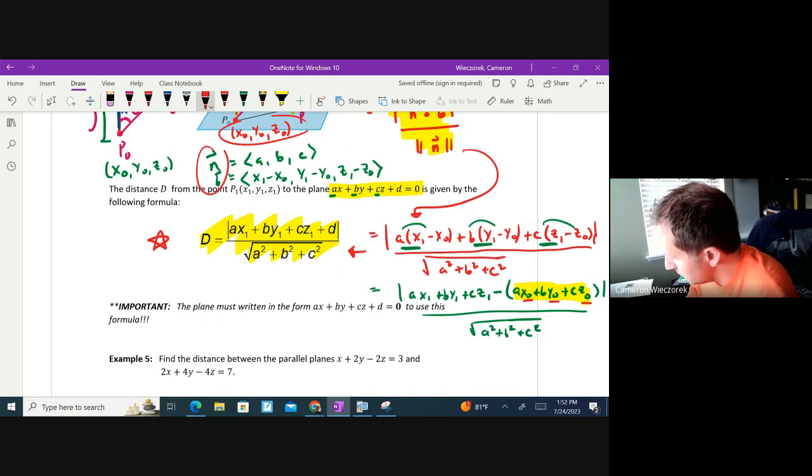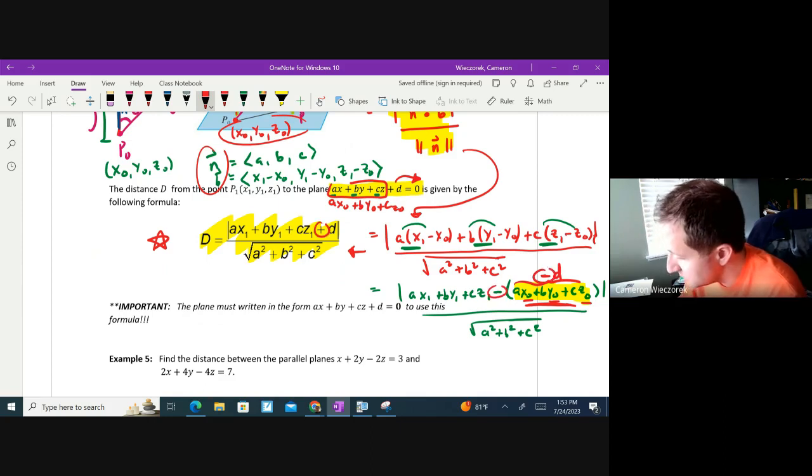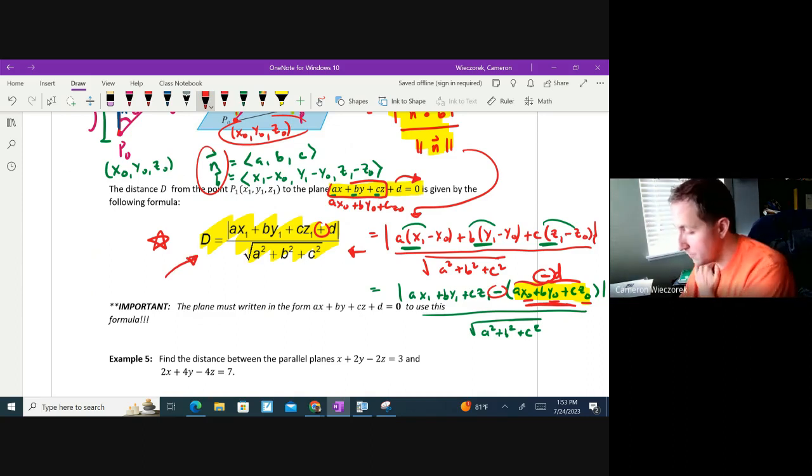So we just plugged the coordinates of P naught into that plane, which means this quantity is ax naught plus by naught plus cz naught. And that's what we have right here. So if we solve for that quantity and move d to the other side, this quantity just turns into minus d. Well, if we pair up minus minus d, we end up with positive d. And so really, we can reduce all of this to just what we have here in yellow.